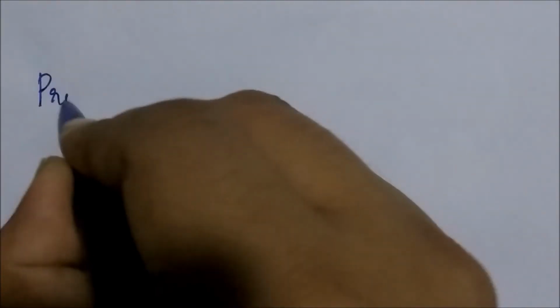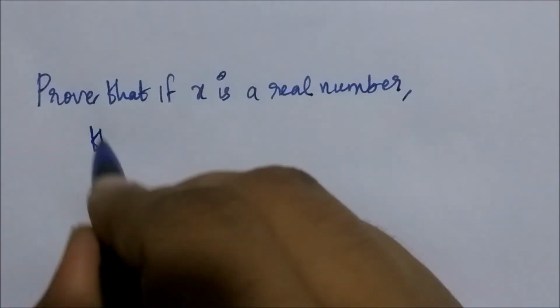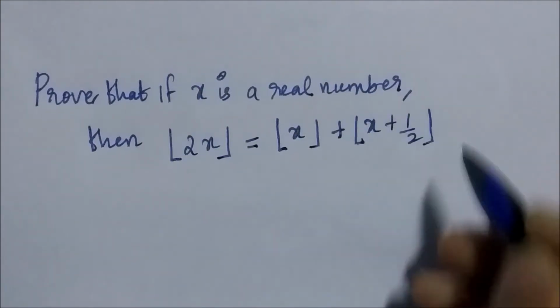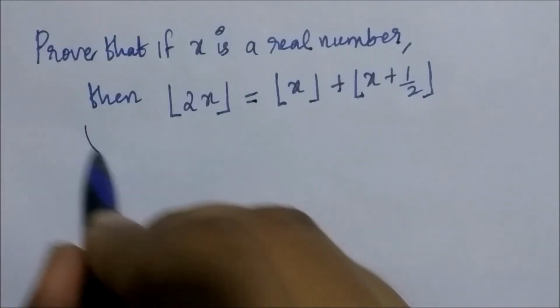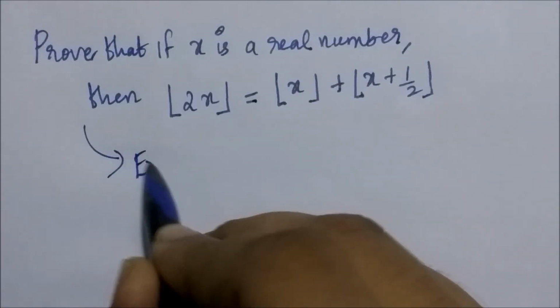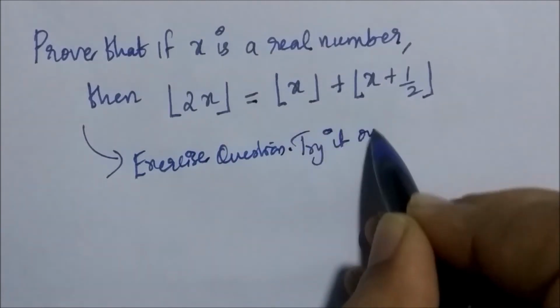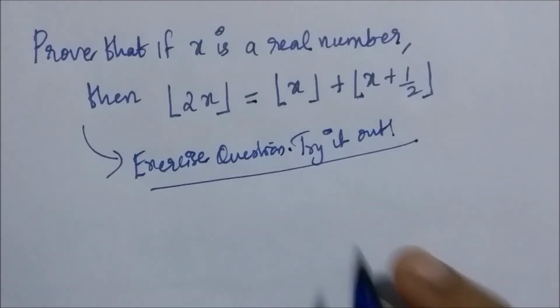We have a question here. Prove that if x is a real number, then floor of 2x equal to floor of x plus floor of x plus 1/2. You should try this out as an exercise. I will give some hints here.